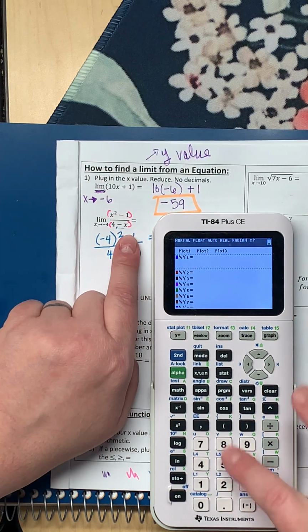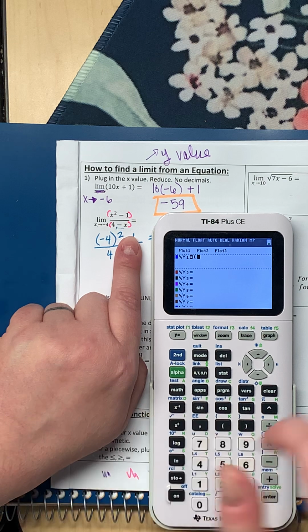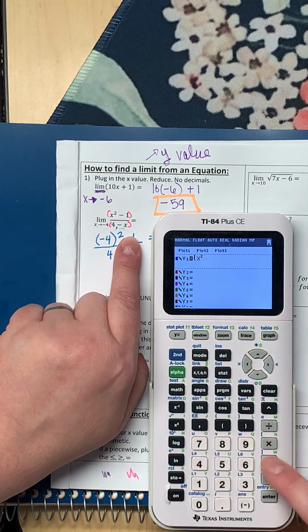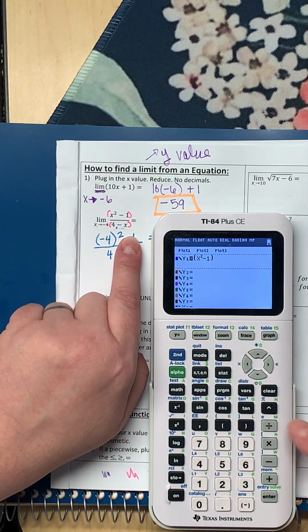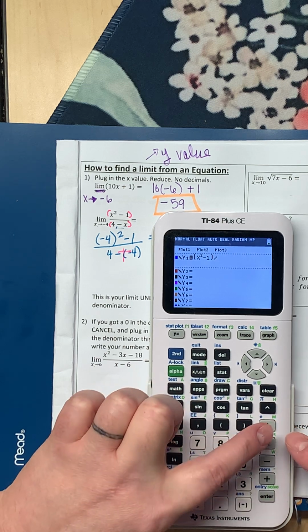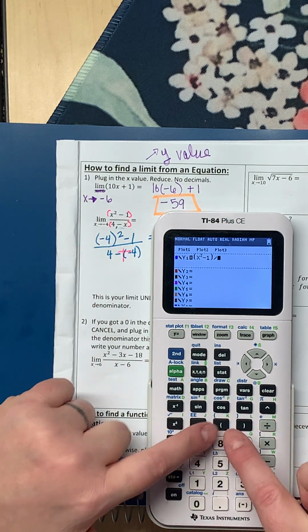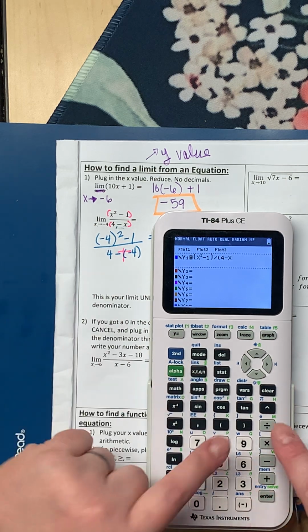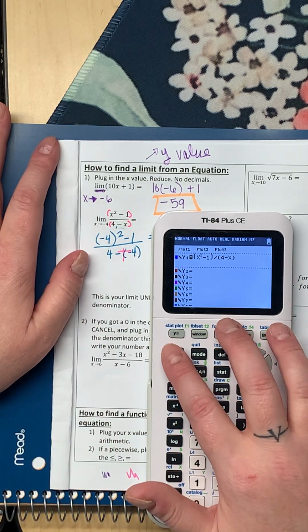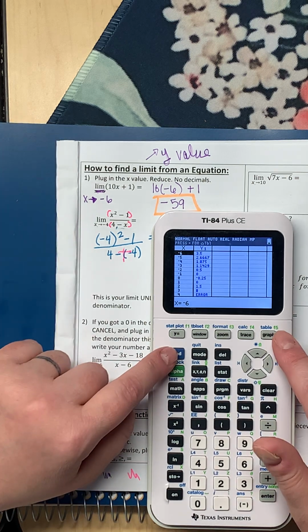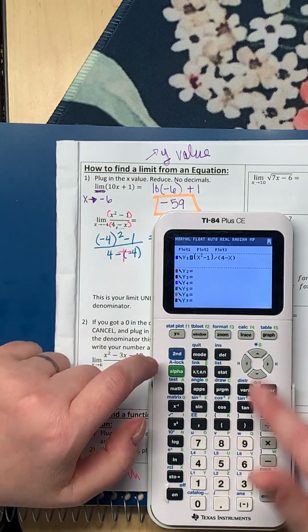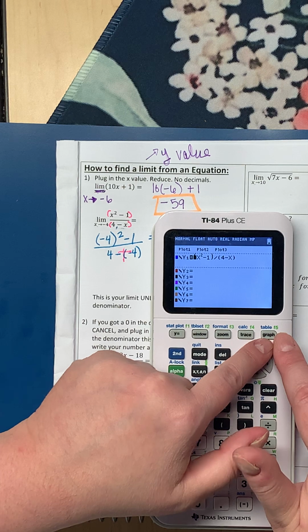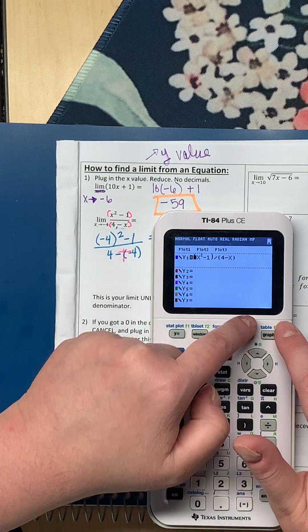So let's try. I'm gonna put parentheses around the top. So parentheses x squared minus 1, close parentheses, the divide sign, then parentheses around the bottom, open parentheses, 4 minus x, close parentheses. Okay, now I'm gonna go to my table, and remember to get there, I press second graph, because above the graph button is a blue table.